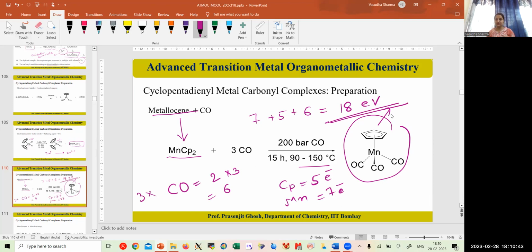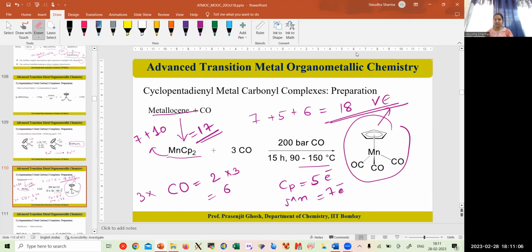This is a stable 18 electron complex, whereas if we count manganese Cp2, manganese was 7 and 2 Cp rings will give you 10, that was 17 electrons. So the reaction is feasible as it is going from 17 electrons to 18 valence electrons. This is the way we can prepare our complexes having both Cp and carbonyl.